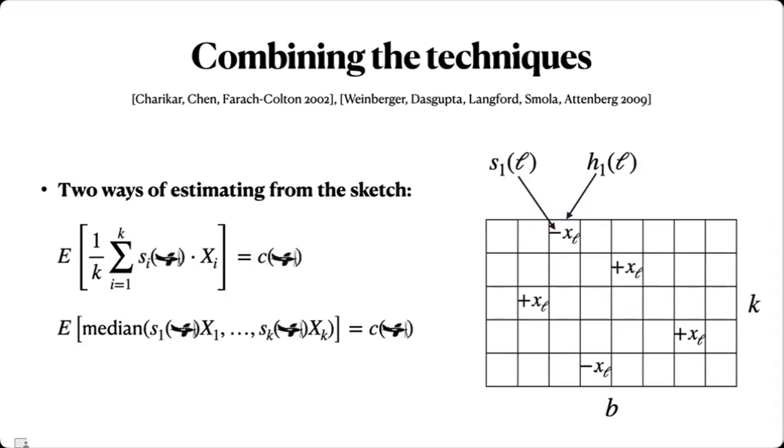Okay, so that's a great question. If I understand the question correctly, instead of having k rows here and averaging them, why not just have k times b bins? So basically have a single row.